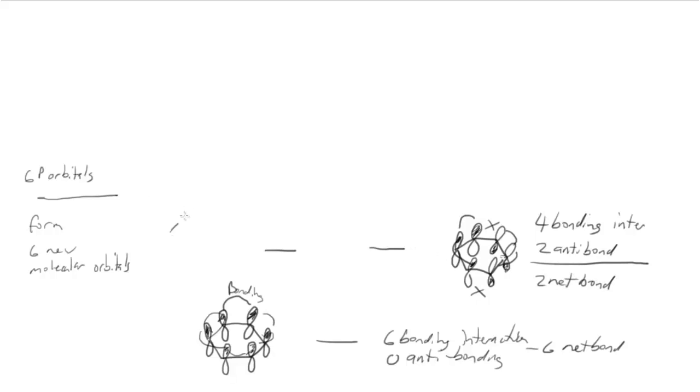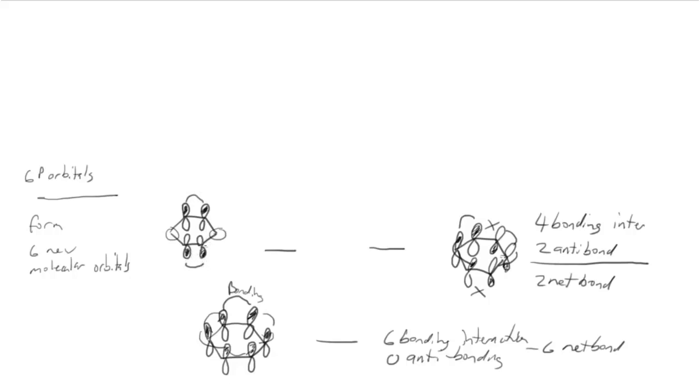Now there's another way that we can actually get 2 net bonds. To do that, 2 of the orbitals are called null, or there's 0 electron density there. So this one and this one don't have any electron density shown in this molecular orbital. If I draw it like this, I have a bonding interaction between these two and a bonding interaction between those two.